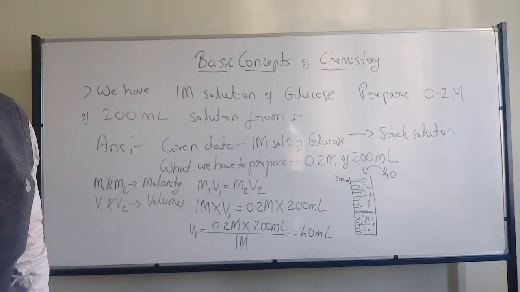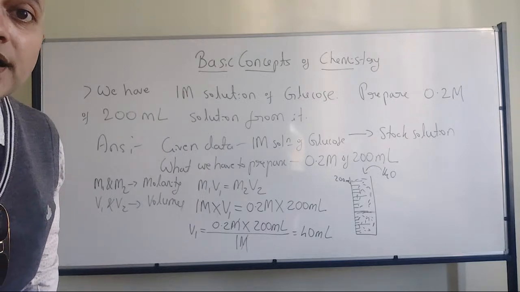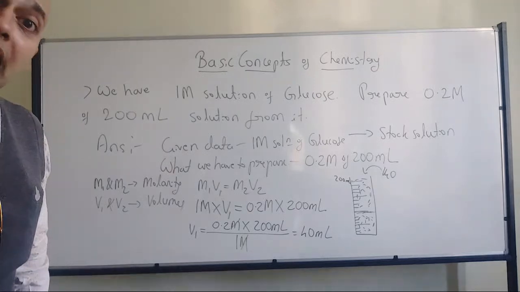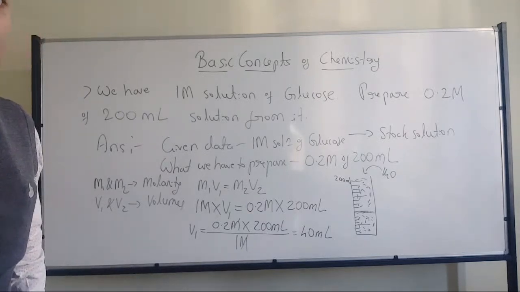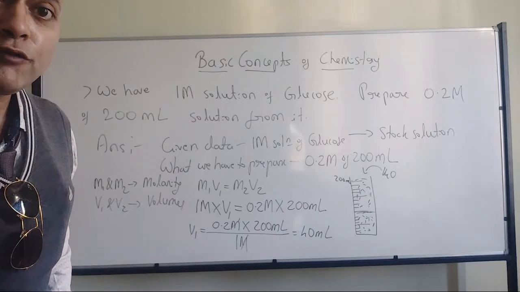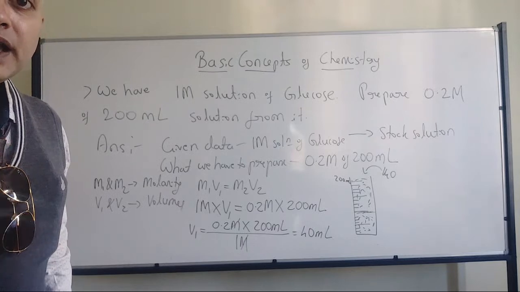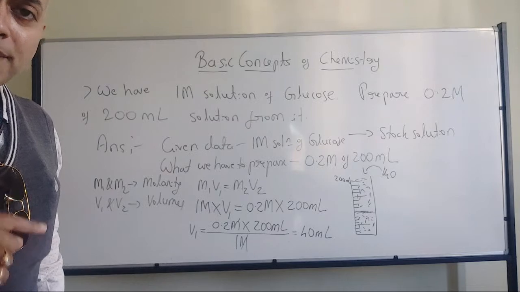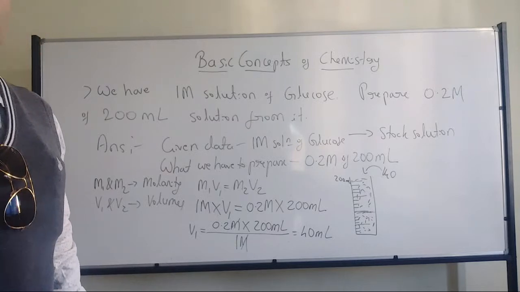I am not saying add 200 ml of water. If you add 200 ml of water, the final volume will become 240 ml. I don't want 240, I want 200. So I should take 40 ml and make the volume up to 200 ml.